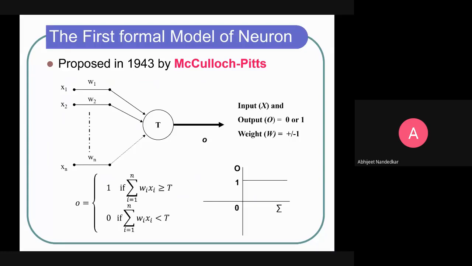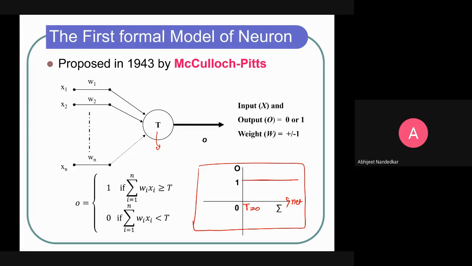Then we have seen that this activation function for McCulloch-Pitts model is like this. This is a thresholding function where I can say this is t equal to 0 in this case. So whenever your input, that is net here, is greater than or equal to 0, this will fire.